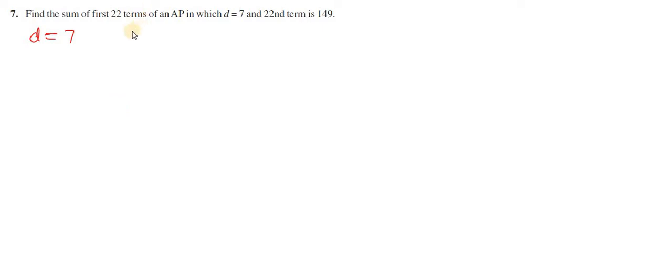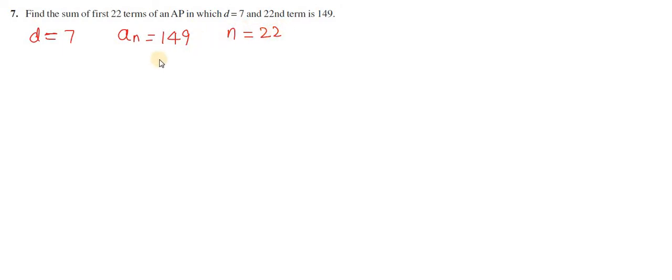And what is an? an is equal to 149. And what is n? They gave the 22nd term, so therefore n is equal to 22.